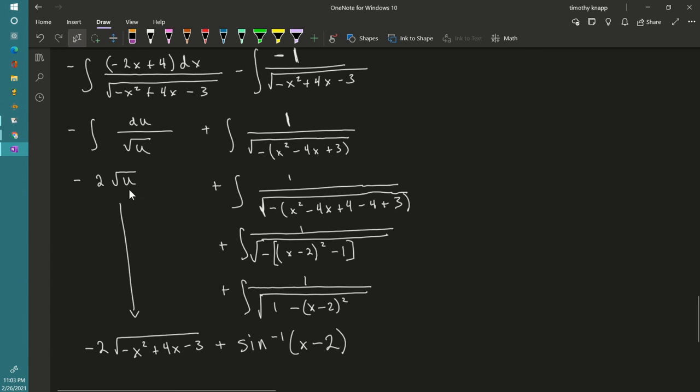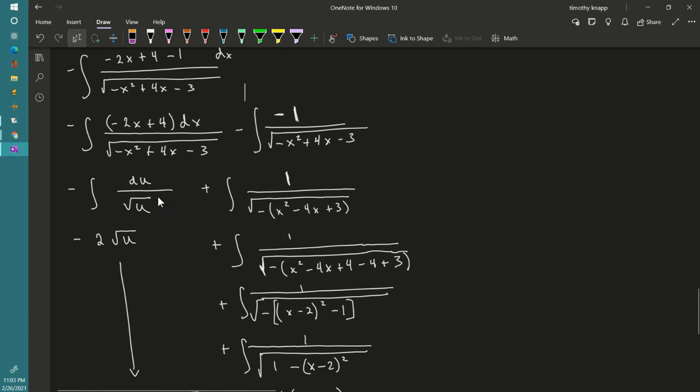And this one here is, what did I do here? Over here, I integrated du over root u, which is just 2 root u, okay? Again, that's another basic one from way back.